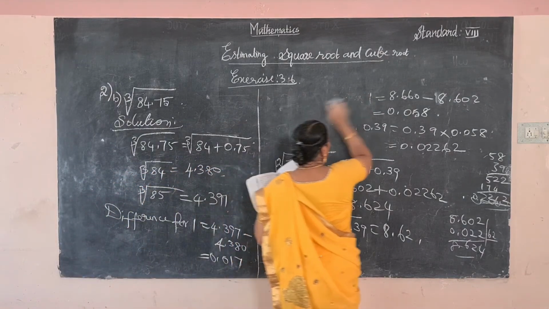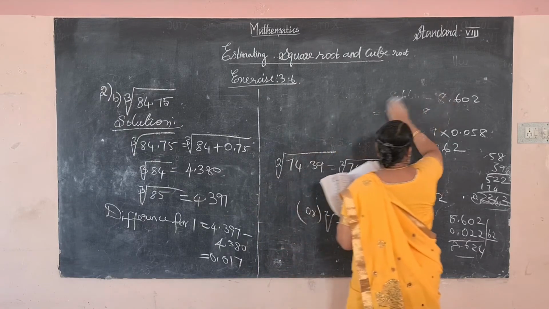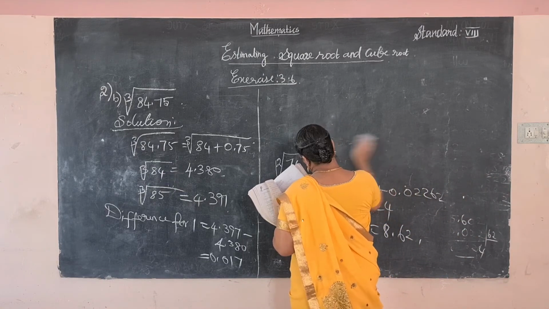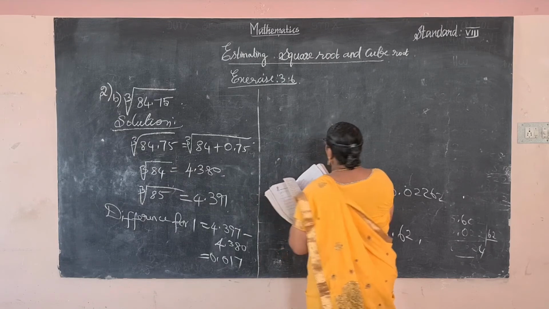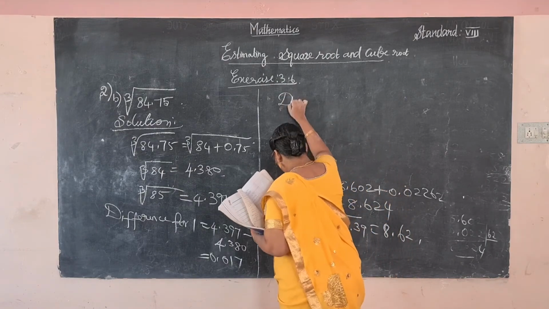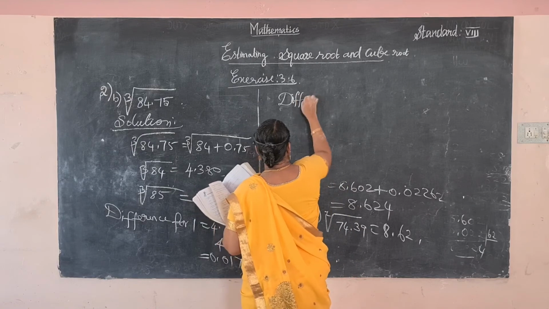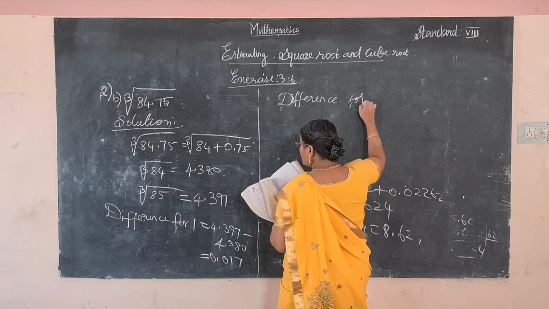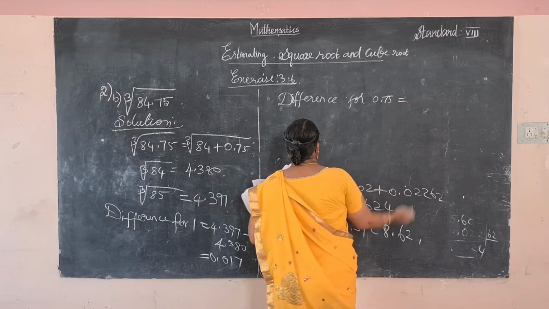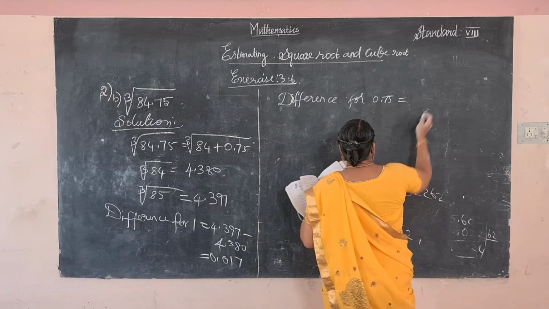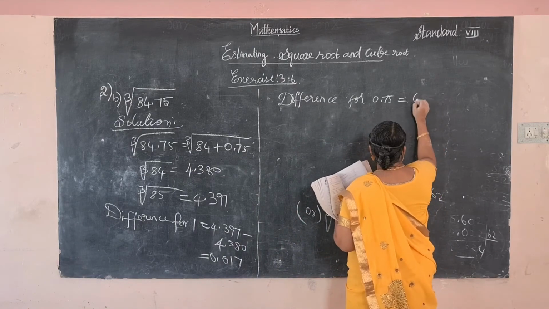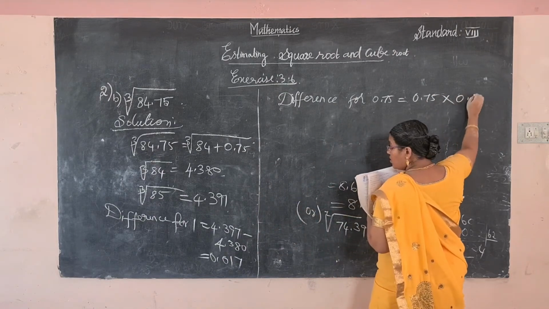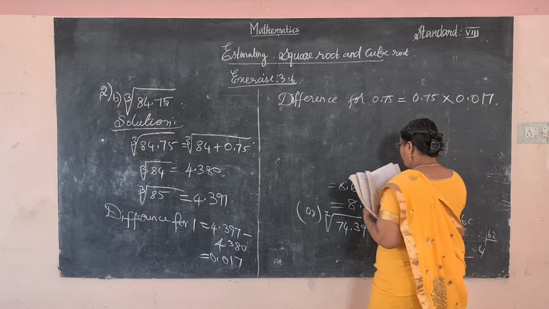Now find the difference for 0.75. The difference for 0.75 is equal to 0.75 into the difference for 1. The difference for 1 value is 0.017. Okay.